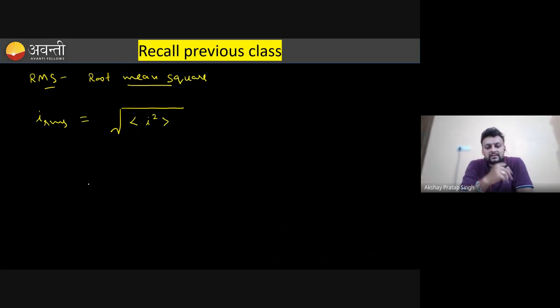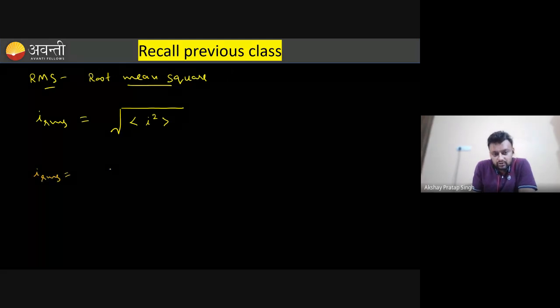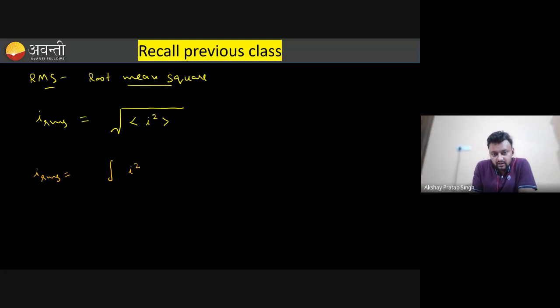This is what I RMS is. Or in integration format, you can write I RMS is equal to the root of integration of I square dt divided by dt.